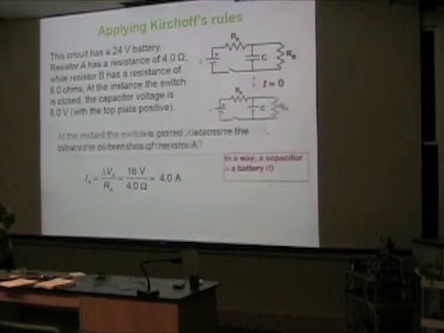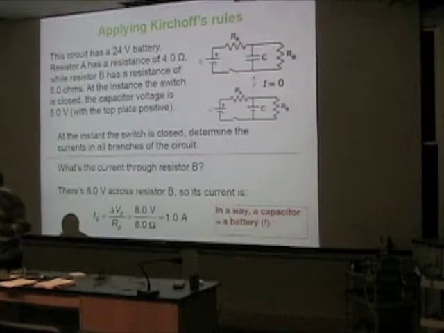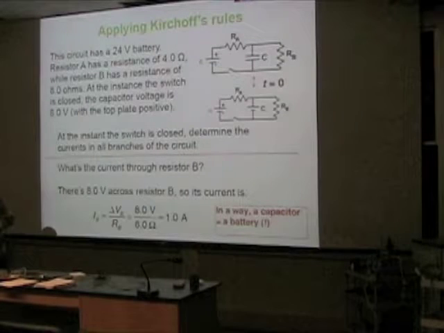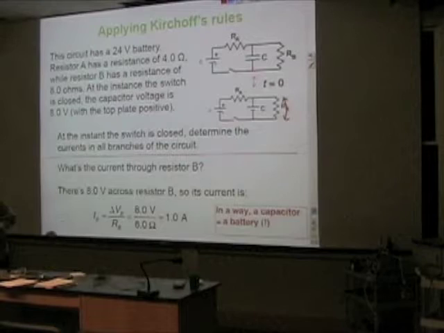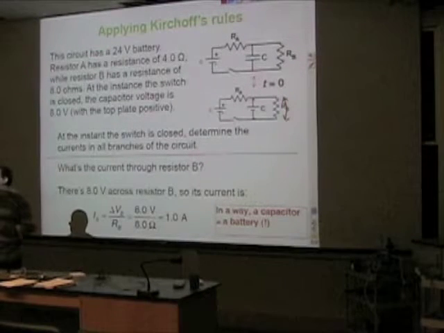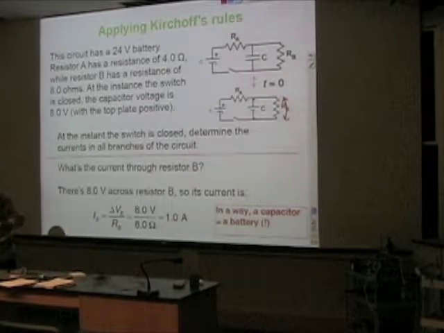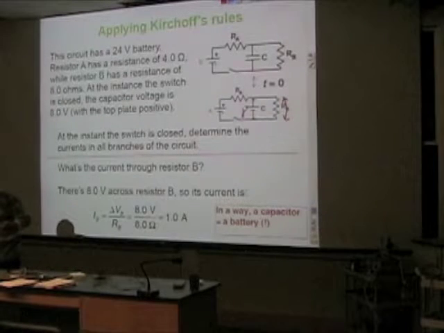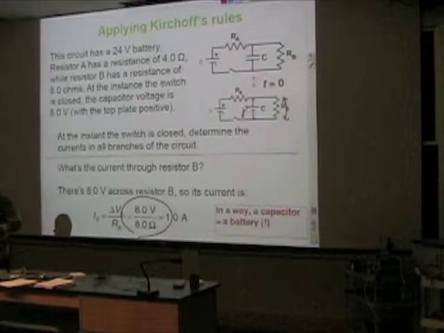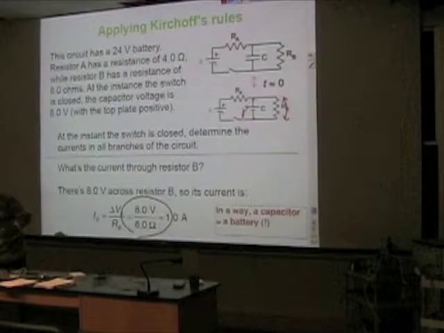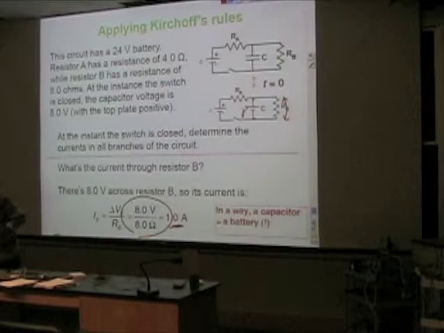Well, of course, we can ask a similar question about the potential difference across this resistor. And again, at t equals 0, it just has to be the same as the potential difference across the capacitor, which is 8. And now we can apply Ohm's law to this resistor. Voltage divided by resistance gives the current here.